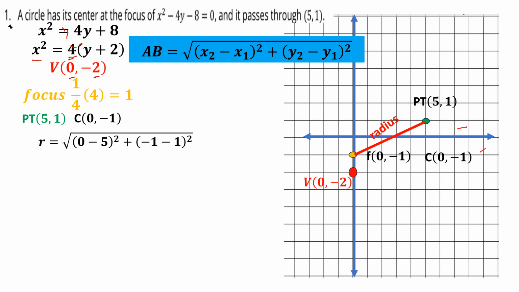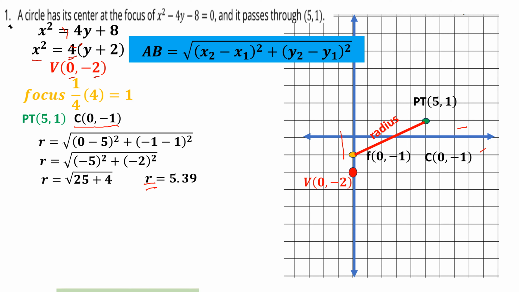Substituting the given points (5, 1) and (0, -1), our r is 5.39 in decimal places. So we have already our radius and our center.